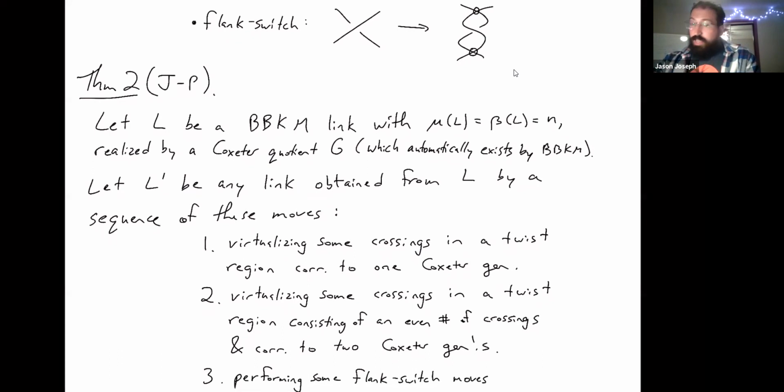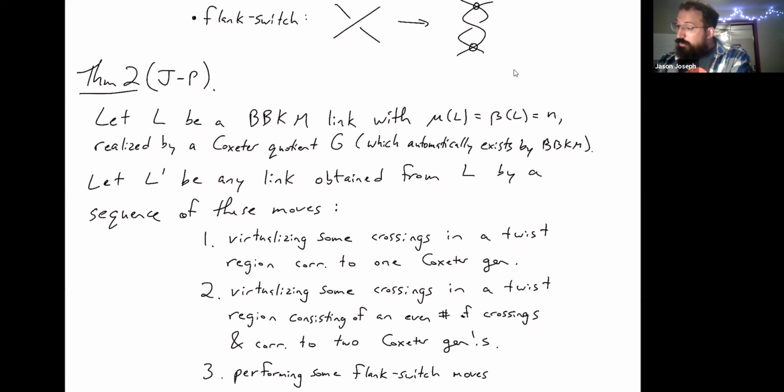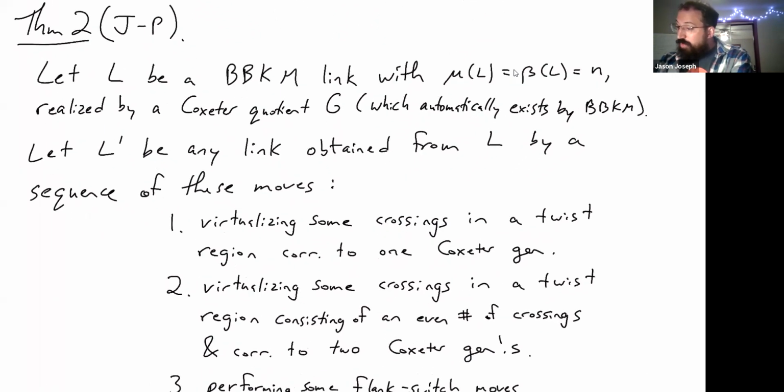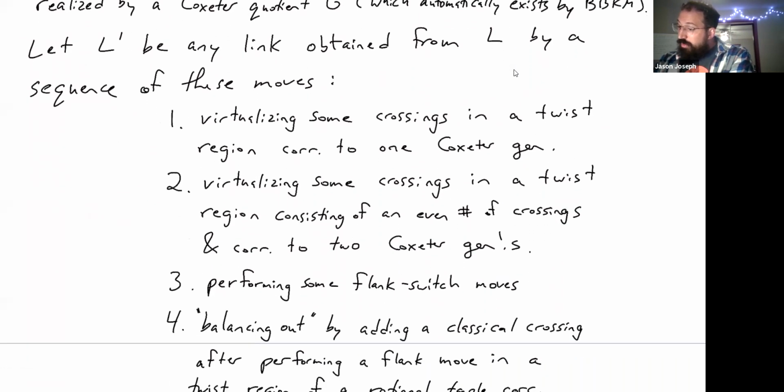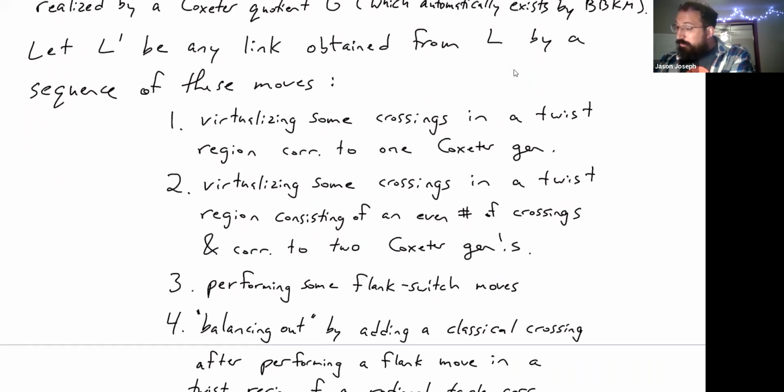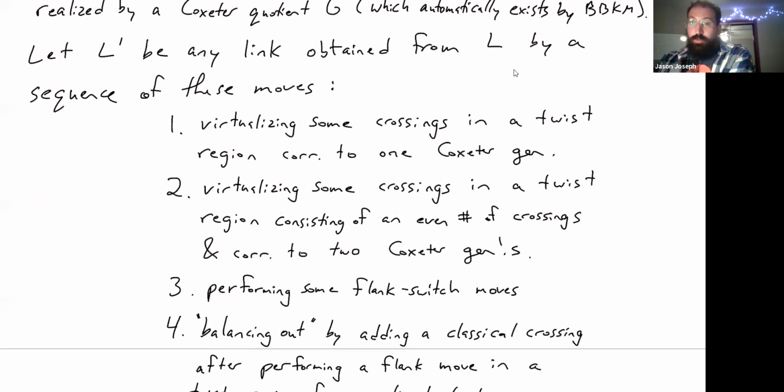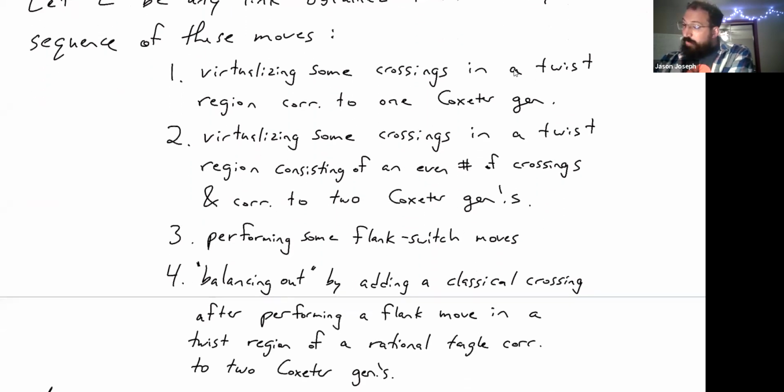If the twist region has 2 distinct Coxeter generators, then if there's an even number of crossings, you can virtualize any number of the crossings. That's 2. 3 is perform flank switch moves anywhere you want at your leisure.